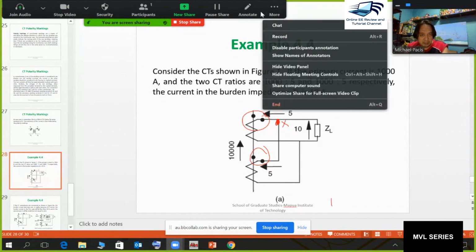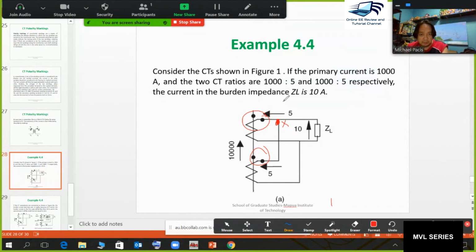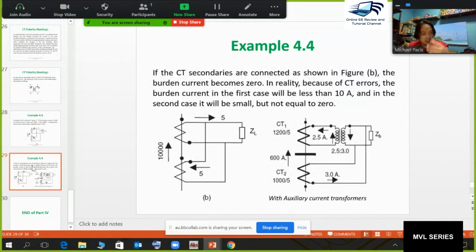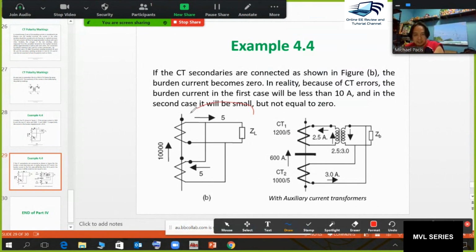We can have another example by analysis only. These are some examples again, so you can check them out on your own. If you have this kind of setup, this is the current flow, and the current here is approximately zero, not actually zero, because the impedance here is very high.